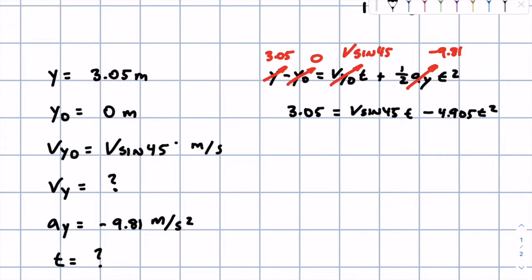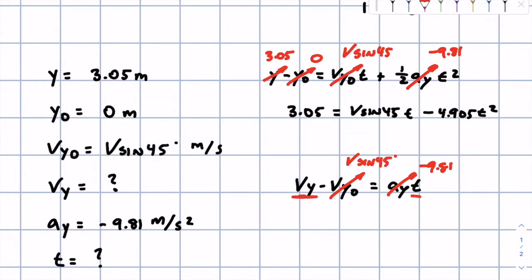Okay. Great. Now it turns out that if we were to do the short equation, which is the Vy minus Vy naught is equal to Ayt, we know that Ay is negative 9.81. We don't know time. We sort of know initial, we know in terms of V. It's V sine 45, but right, we don't know this.